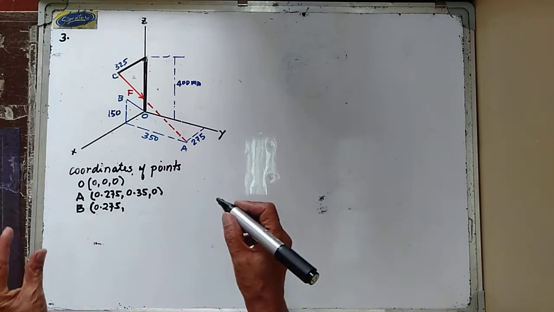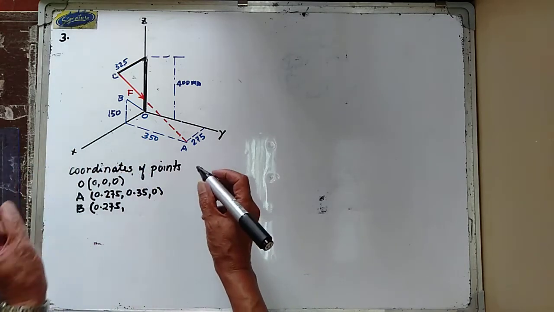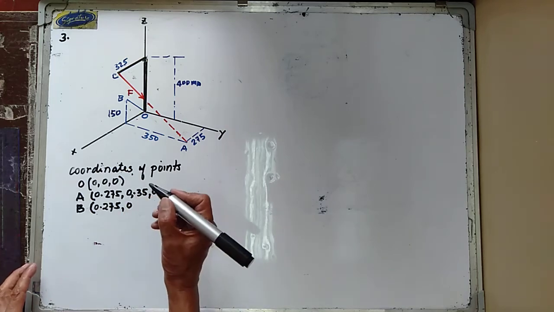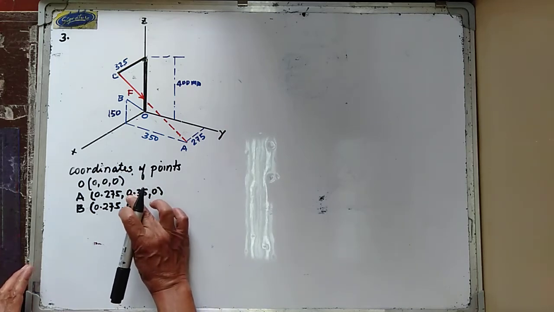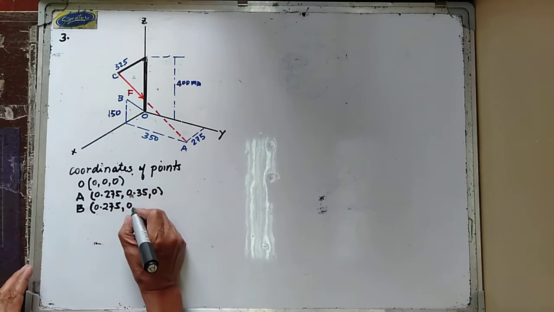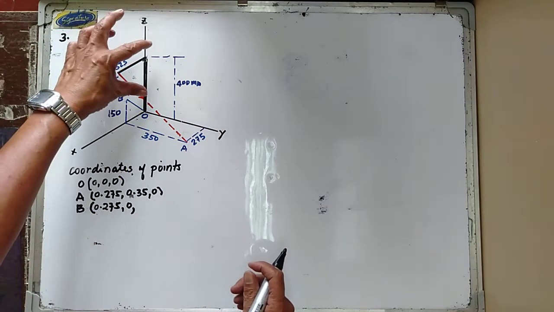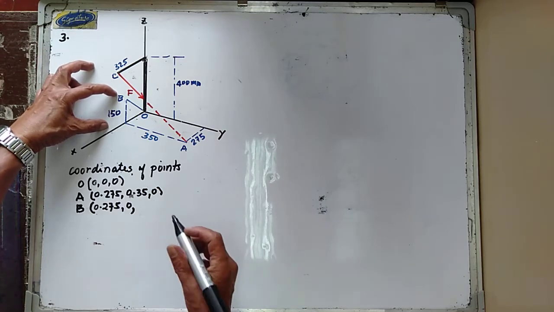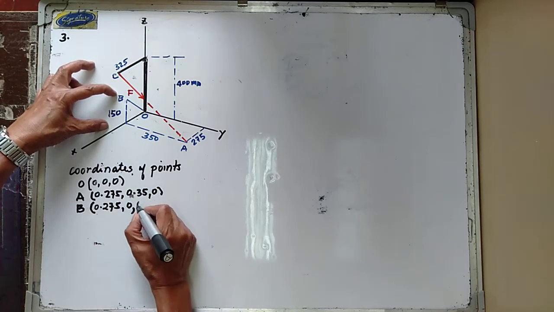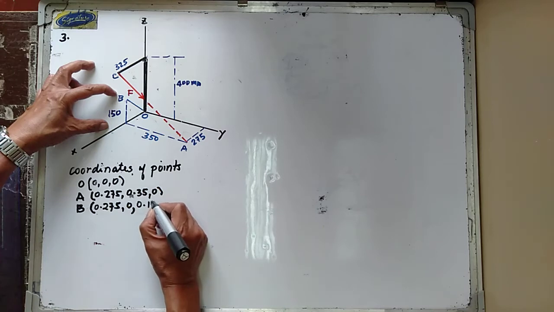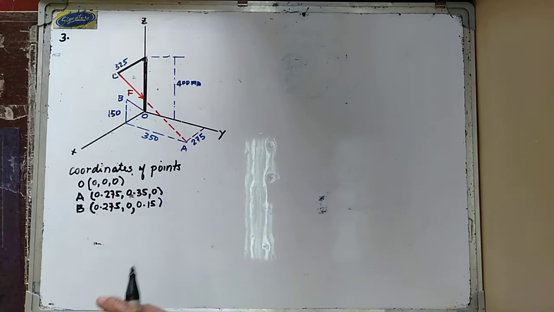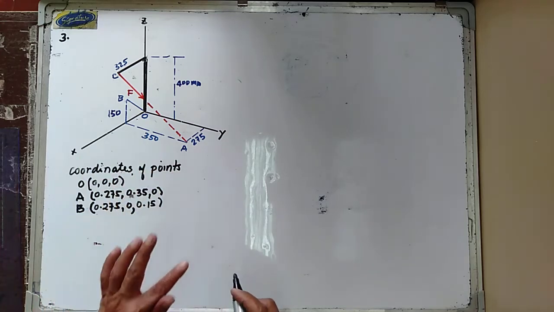And in the y-axis, it is equal to 0. And in the z-axis, that is 150 millimeter, or that is equal to 0.15 meter. So these are now the coordinates of the different points.